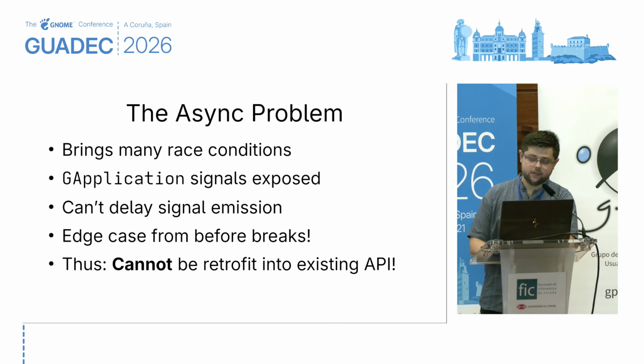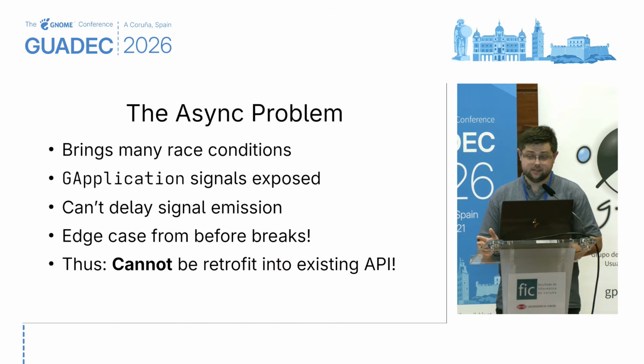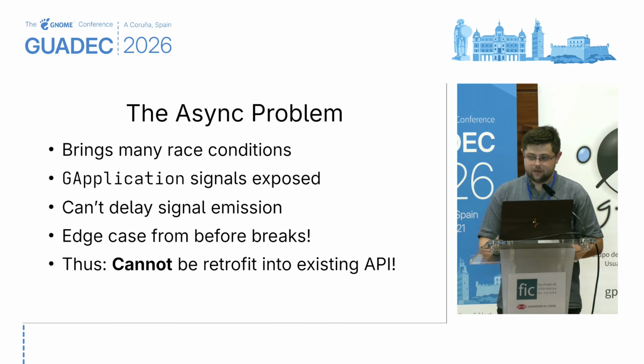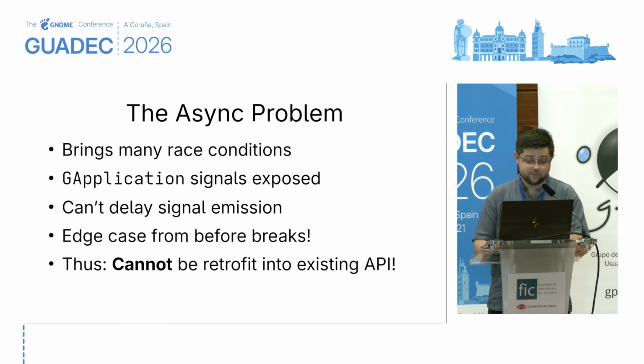Like the obvious example would be that if an app is being shut down because the session is ending, the app will try to serialize its state, and that's asynchronous. And before it's done, GTK is not keeping track of the fact that the app is still doing something, and so GTK exits because it thinks there's nothing left to do. Meanwhile, the app hasn't finished saving its state, so then the next time you launch the app, the state's gone. Whoops.